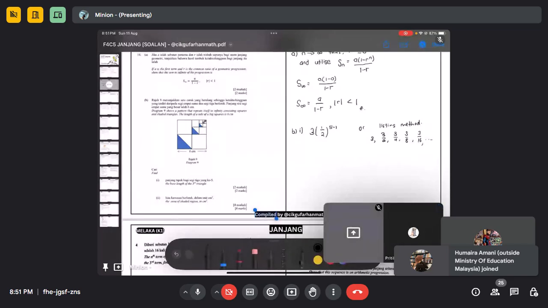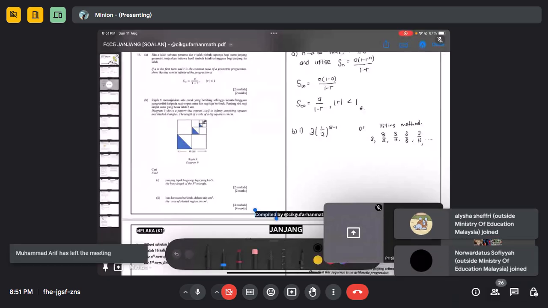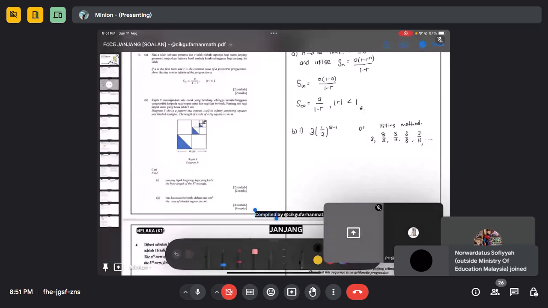Continue. Okay? So if you use a calculator, you'll get 3 over 16. If you use the listing method, T5 is equal to 3 over 16.